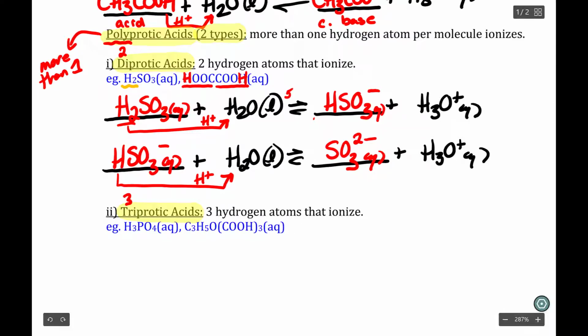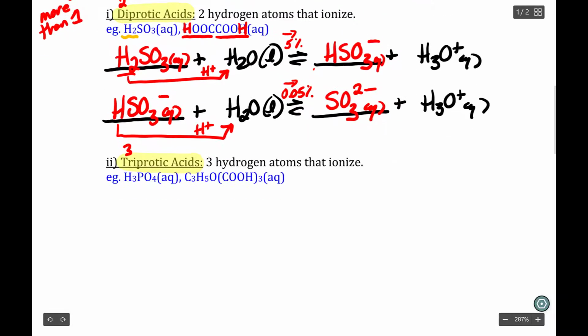If this was something like 5% ionization, this one down here would be 0.05%. It would be a lot less. And again, those aren't exact values. I'm just making them up. But that's how forward this would go. Maybe 5% of the H2SO3 would react, and then here about 0.05% would react with water. So this happens less on each step that we do.